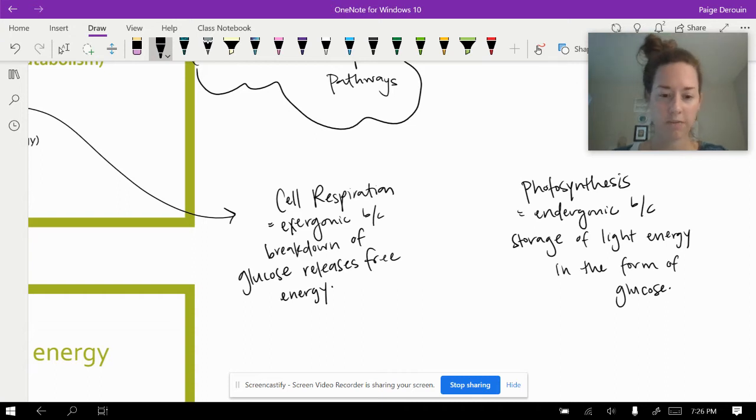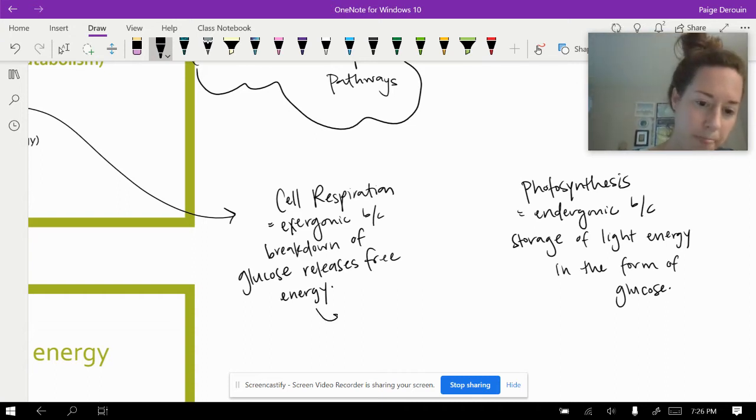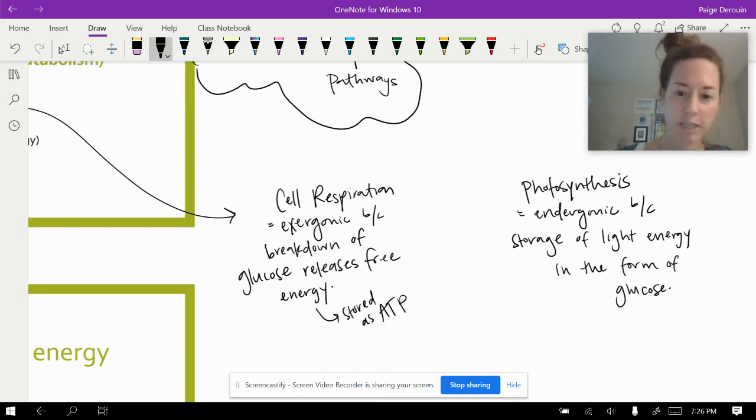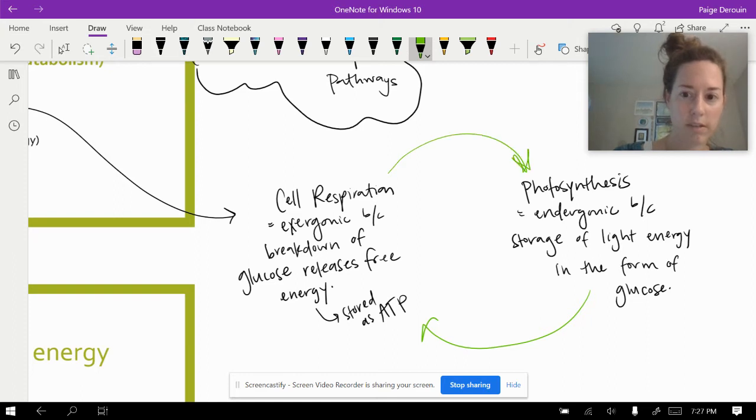And the breakdown of glucose releasing free energy is then stored as ATP. And then this is constantly cycling so that these equations sort of balance each other out and offset one another over and over and over. So there you go.